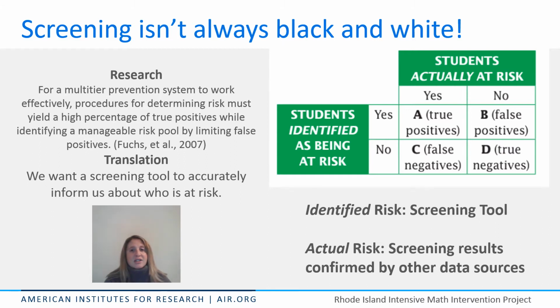Educators will want to continuously progress monitor these students to ensure they don't have a regression or slide in their skills. In a later slide, we'll come back to this idea of false positives and negatives and share some examples of how schools try to maximize their identification during screening using various summative assessments.